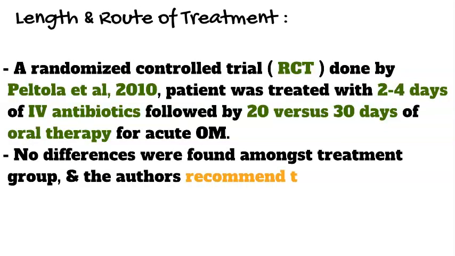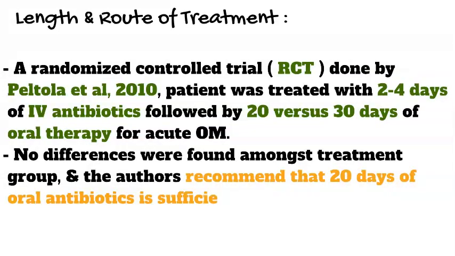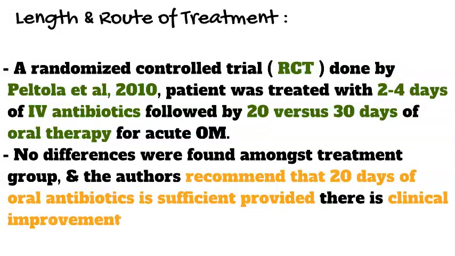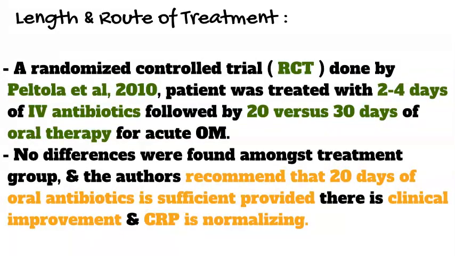The conclusion is that no difference was found amongst the treatment groups, and the authors recommend that 20 days of oral antibiotics is sufficient, provided there is clinical improvement and C-reactive protein is normalizing.